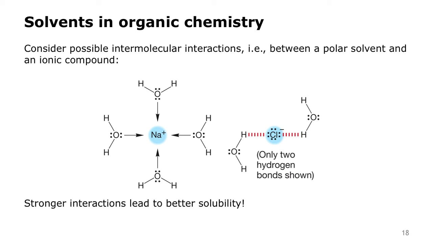If you consider the possible intermolecular interactions between polar solvents and, say, an ionic compound, then you can imagine solvent molecules surrounding the cation and solvent molecules surrounding the anion. In the case of protic solvents, here we have water surrounding sodium and chlorine. So we're looking at a saltwater solution and the interactions between water and the sodium cations and the chlorine anions.